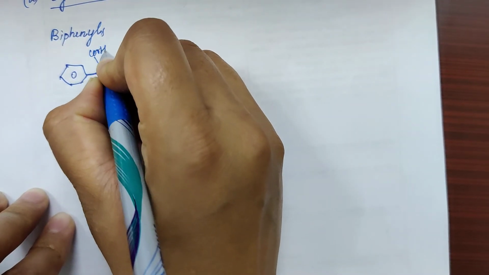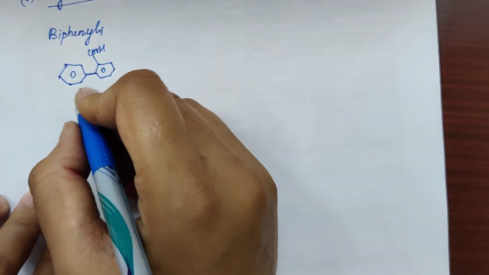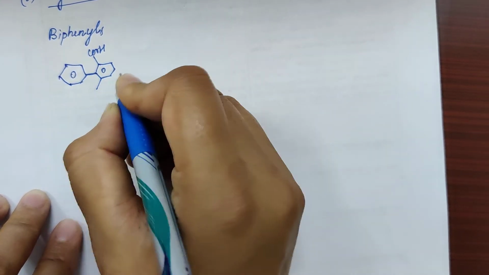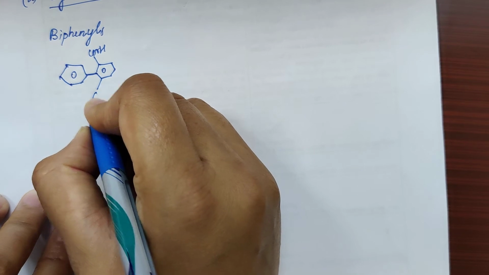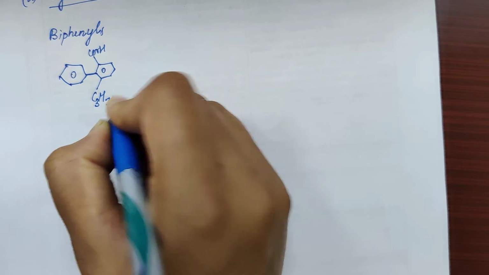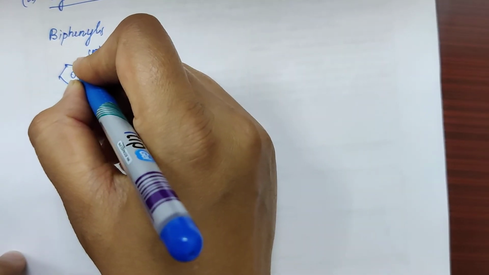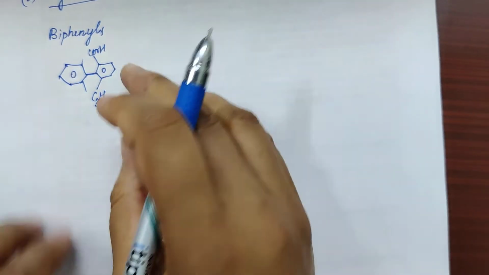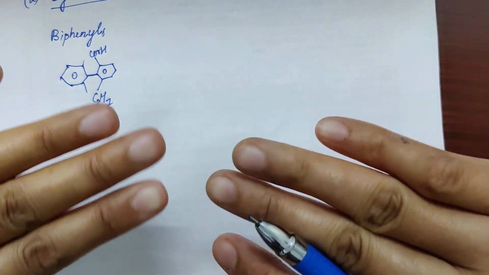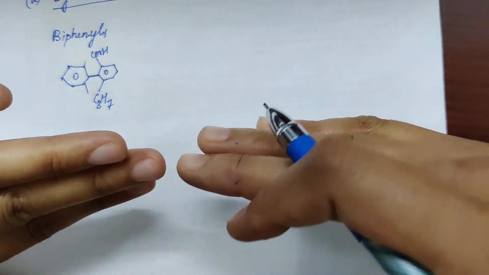Let's say it has COH, and some other bigger group is attached on this side. Let's say C3H7, something like that, and similarly on this side also. So instead of having these two benzene rings in the same plane, they will get twisted.